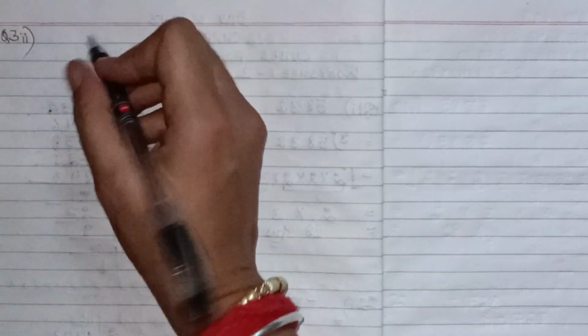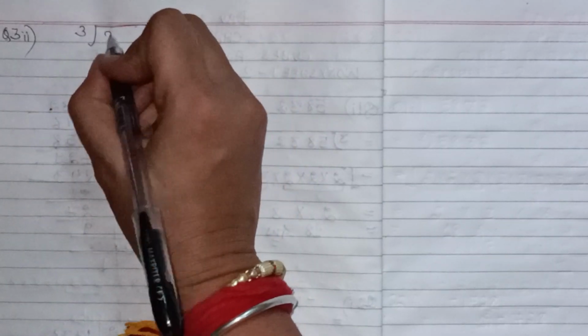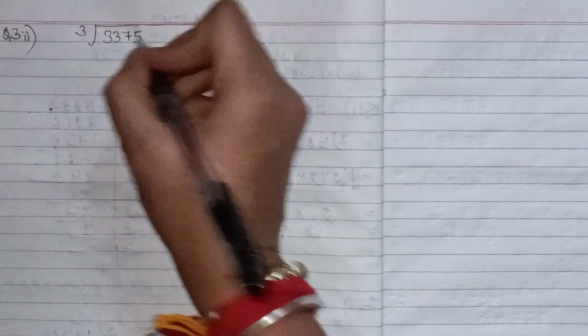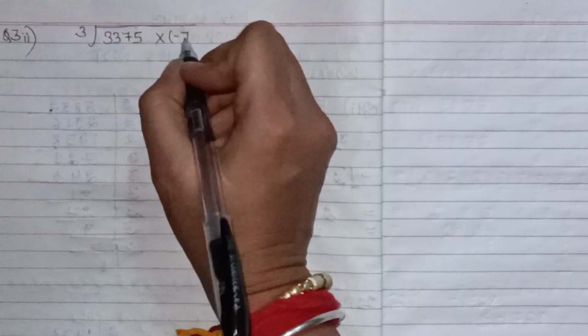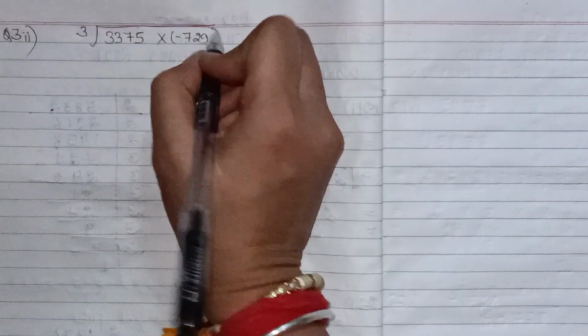Now I write here question number 3 second part, and our second part is cube root 3375 multiplied by minus 729. Now we can solve this by the prime factorization method.